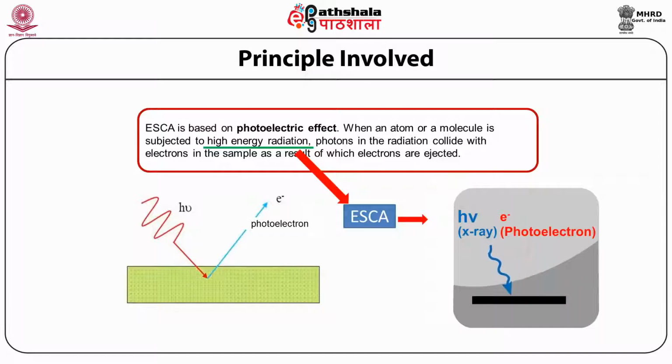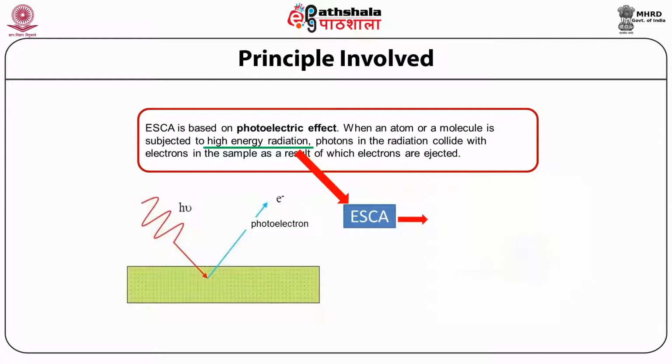It has been again shown in the diagram that X-rays with energy h nu, indicated by the red line, hit the surface, and then from the surface the atoms or molecules lose an electron which is emitted out in the form of a photoelectron, shown here with the help of a blue line. So the target is hit with high energy X-ray photons and an electron is ejected out of the surface.